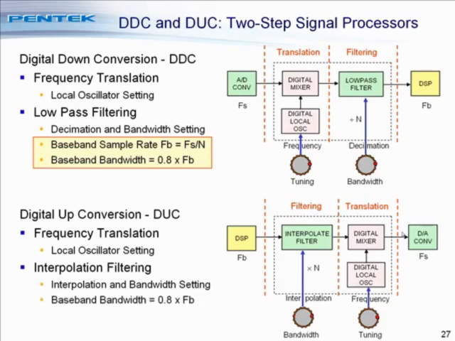The formula that we apply here is the baseband bandwidth is equal to 80% of the baseband sample rate, and the output sample rate, Fs, is equal to the baseband sample rate times the interpolation factor, N. And again, these two formulas are essential for considerations in DUCs, or digital upconverters, in software radio applications.